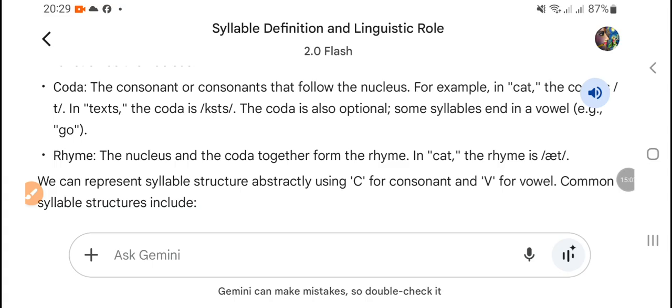So that's a coda. And then coda is also optional, right?